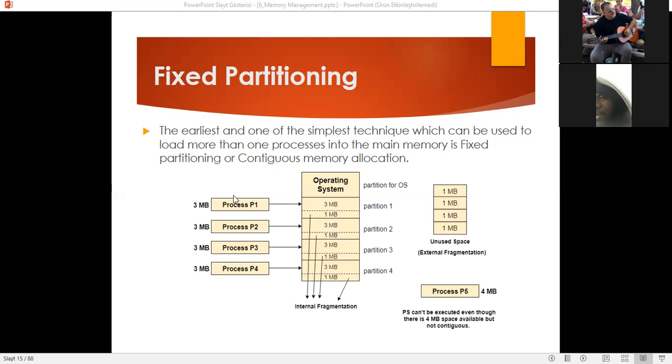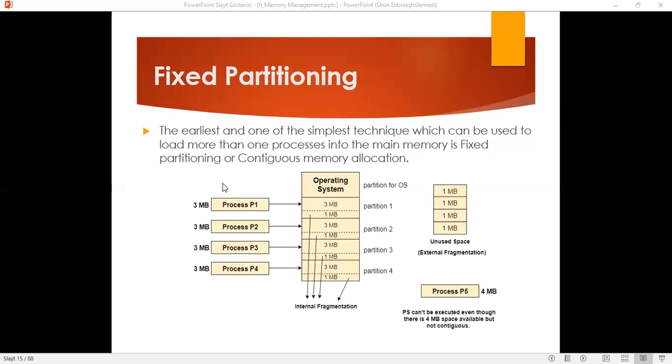So in fixed partitioning, we have a fixed partition size arranged in the beginning, and it doesn't matter what the size of the processes is.